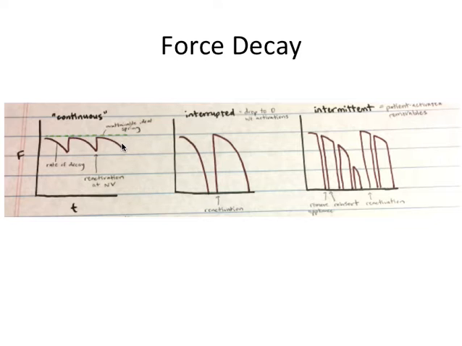But let's talk about the standard stainless steel wire. Over time, force is going to tend to decrease because teeth are moving and the wire is getting weaker. The force is decaying.